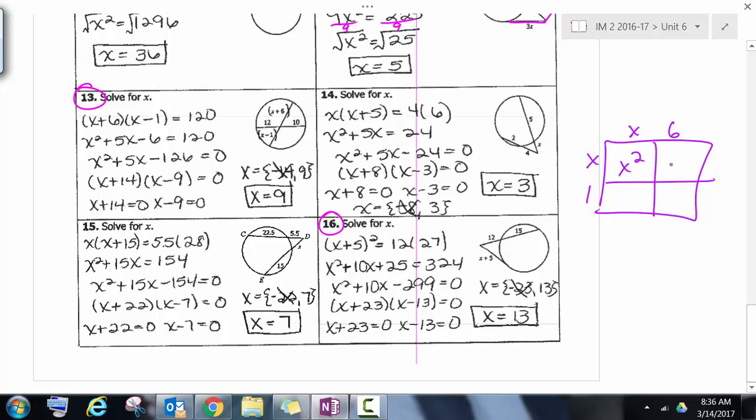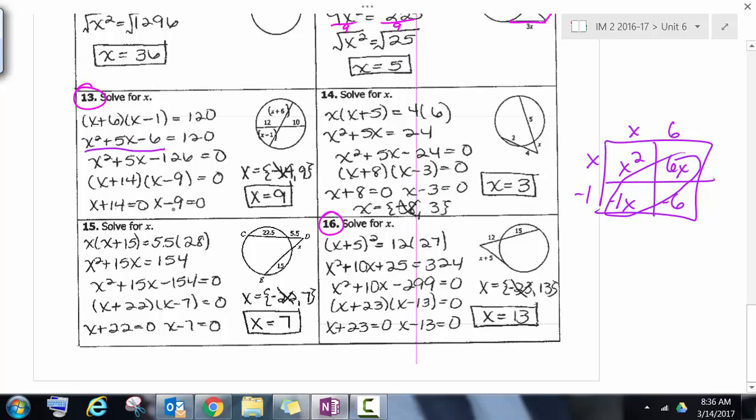So x times x is x squared, x times 6 is 6x, x times negative 1 is negative 1x, and 6 times negative 1 is negative 6. These two are like terms, they add up to be 5x. So we get x squared plus 5x minus 6.